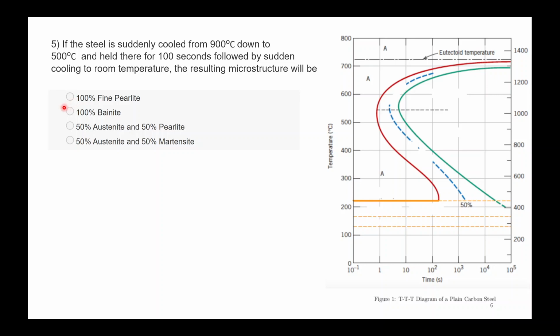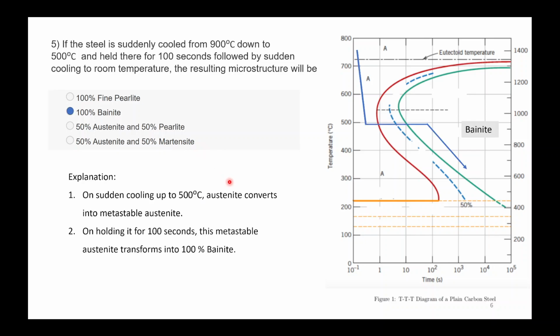Options are fine pearlite, 100% bainite, 50% austenite plus 50% pearlite, or 50% austenite plus 50% martensite. Answer will be 100% bainite, and this will be your cooling curve.